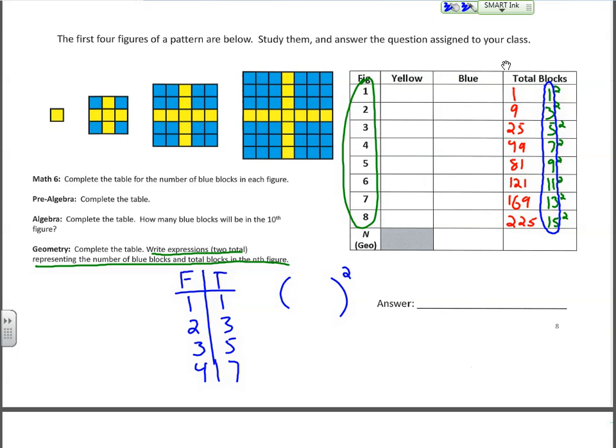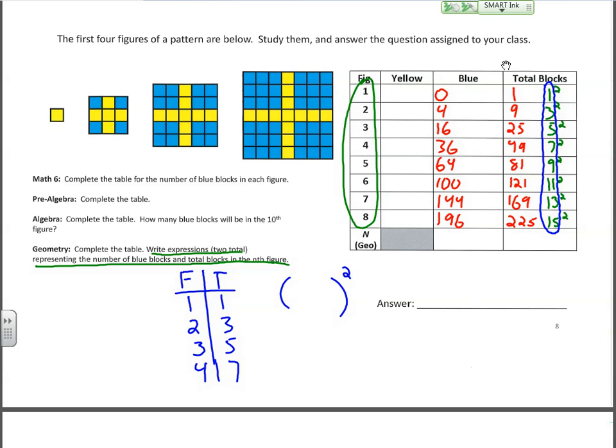You could do something similar because, of course, the blue blocks, we started with 0, and then 4, and then 16, and then 36, 64, 100, 144, 196.